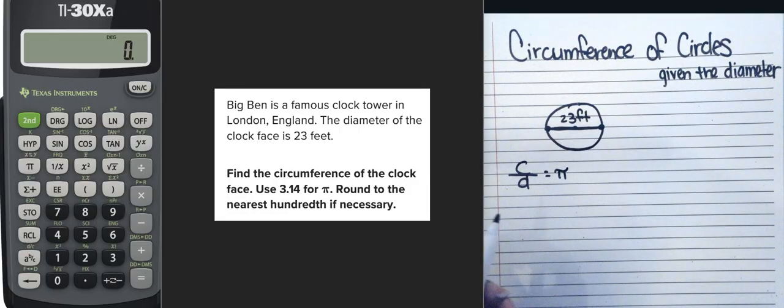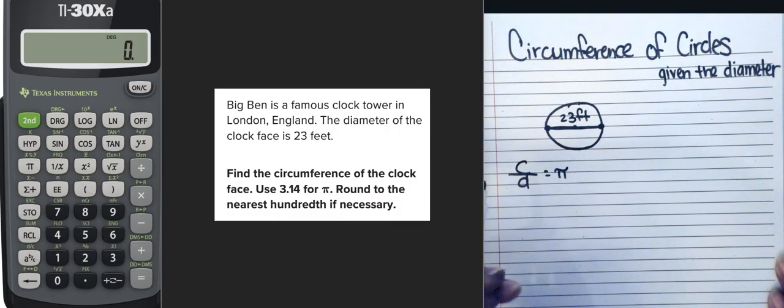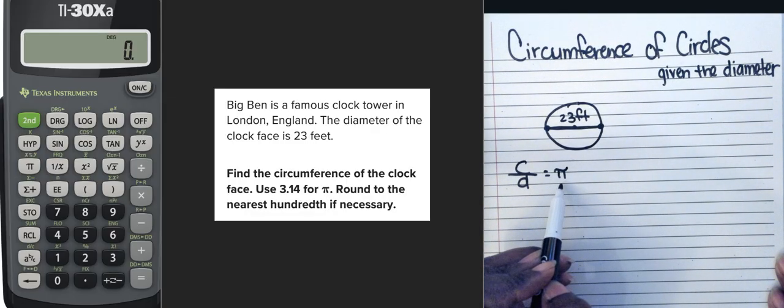Now, we don't know the size of the circumference, so we have to rearrange our scenario to figure out its value, and that's the reason the problem exists. Our variable here is c; we're trying to solve for c. They've also told us to replace pi with the value 3.14.